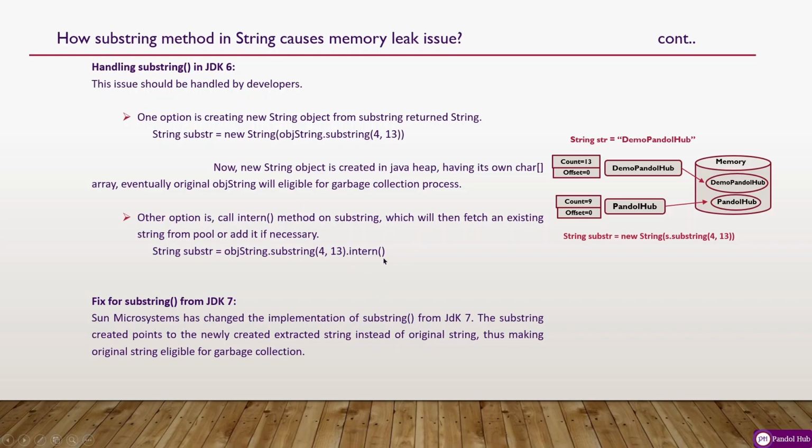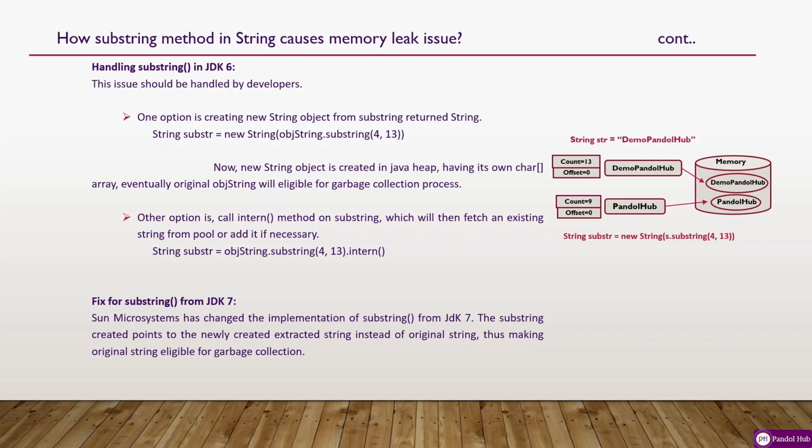The intern method works like this: if you are assigning a value like hello to a string variable, and hello already exists in the pool, the existing one will be referenced by your variable instead of creating a new entry in the pool.